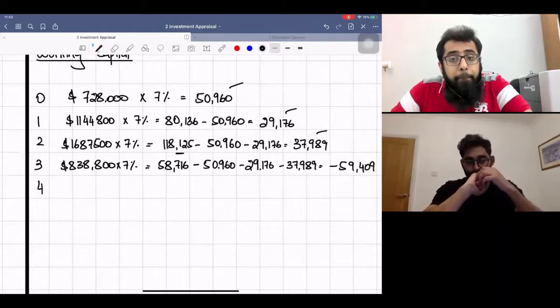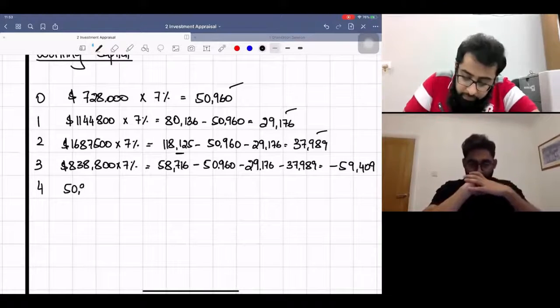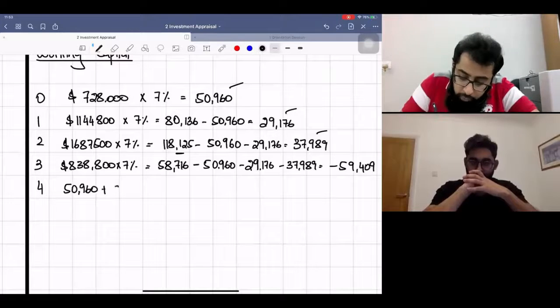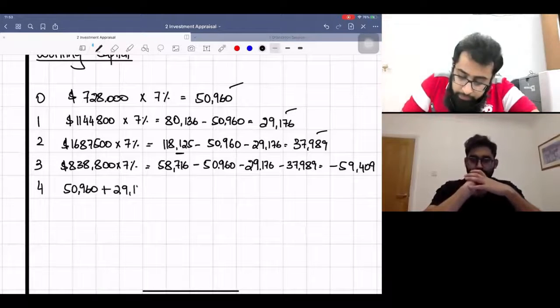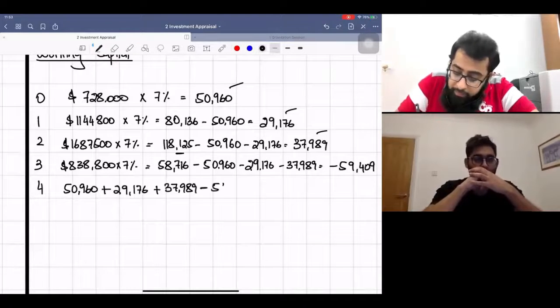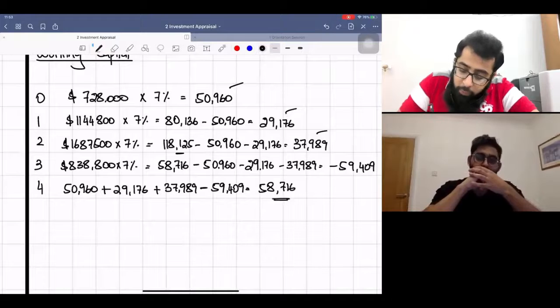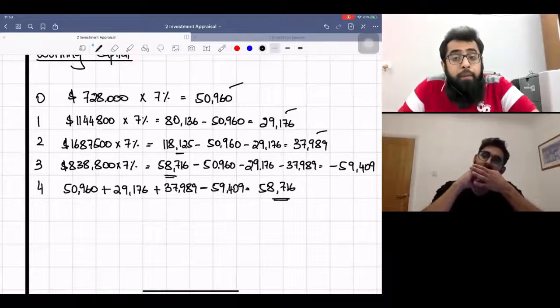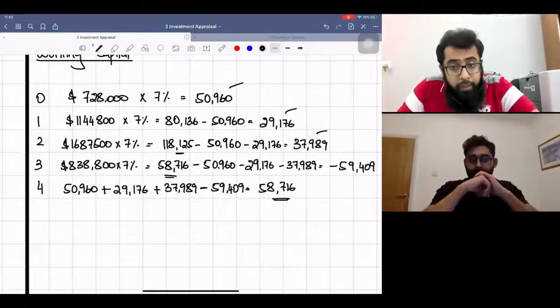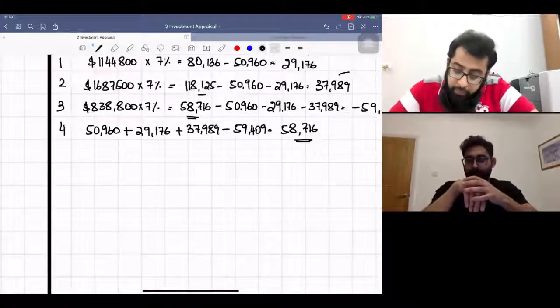How much is the amount invested? 50960 plus 29176 plus 37989 minus 59409. So 58716 was the working capital invested amount. Now this is assumed to be recovered in the last year, 58716.